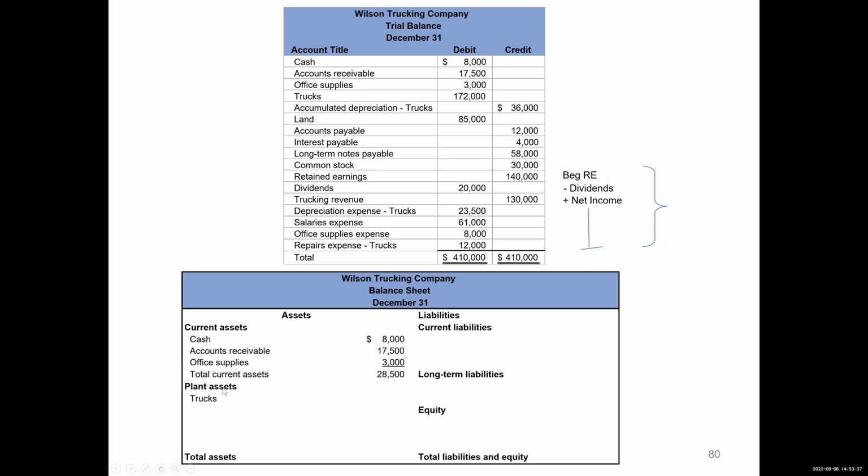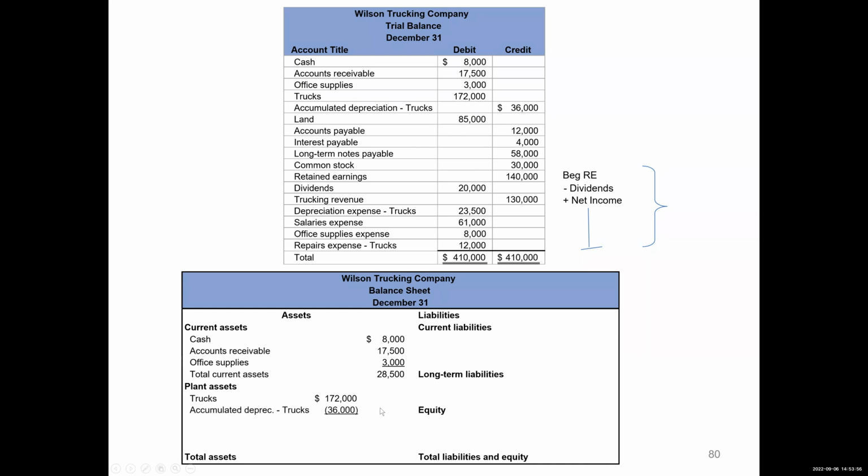Okay, now we'll start out with our plant assets. We have truck of 172,000 less the accumulated depreciation, right, which is 36,000.